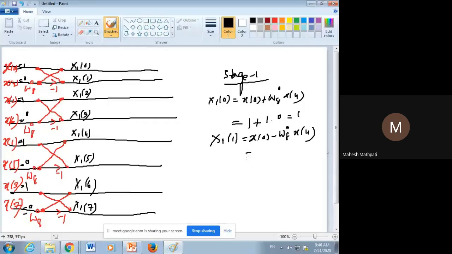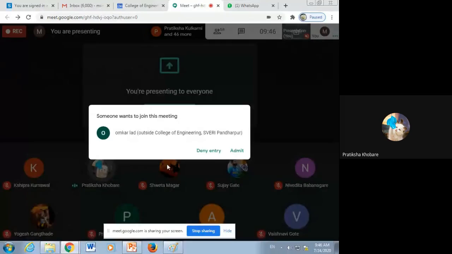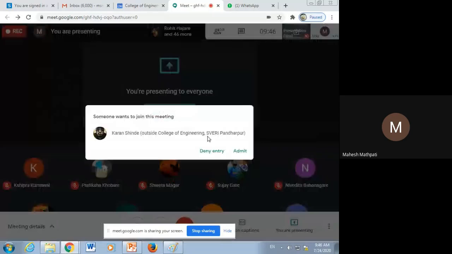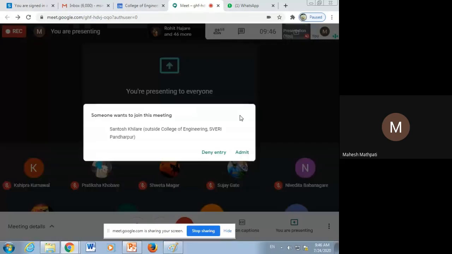So the value is again x of 0 is 1 minus W8 to the power 0 is 1 into 0, which is equal to 1. Understood? Yes, sir. Then similarly calculate x1 of 2. Likewise we have to calculate all the values. x1 of 2, who will tell me the answer now? 1, sir. Okay. Can you please go ahead, calculate all other answers for stage 1.